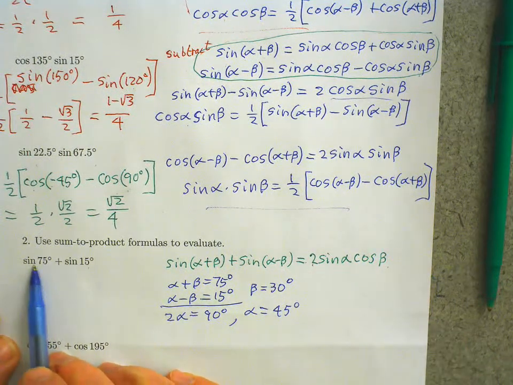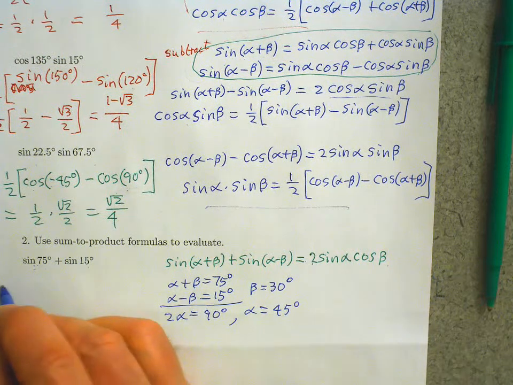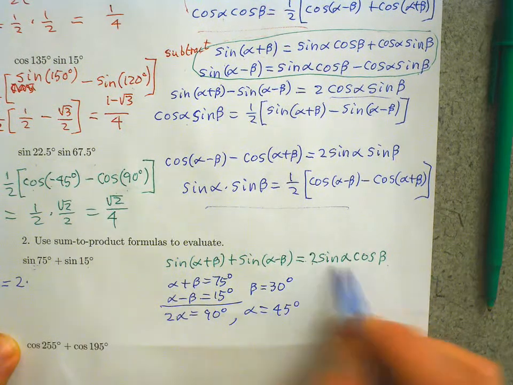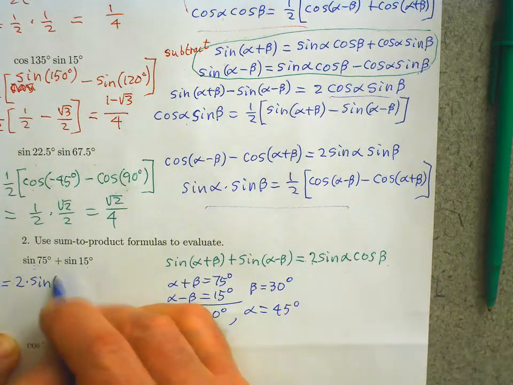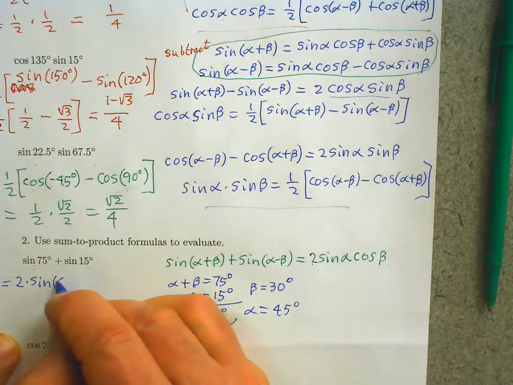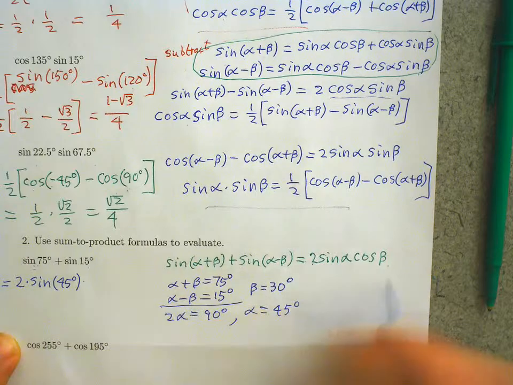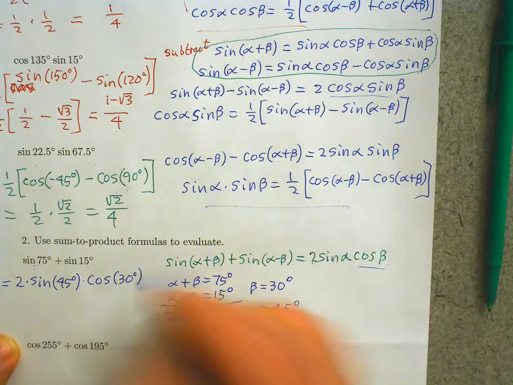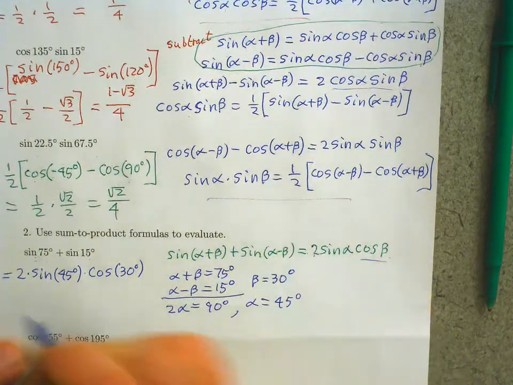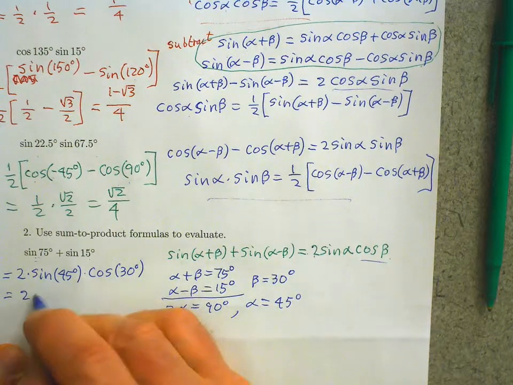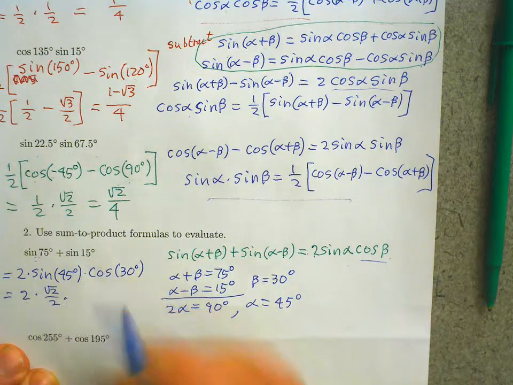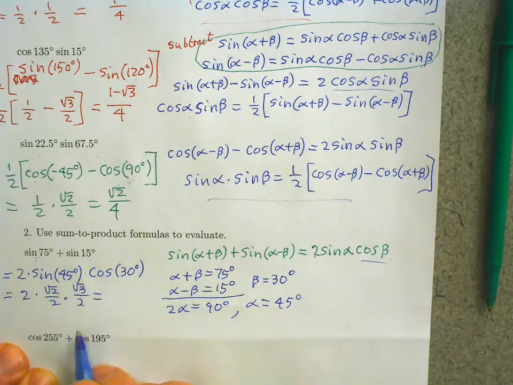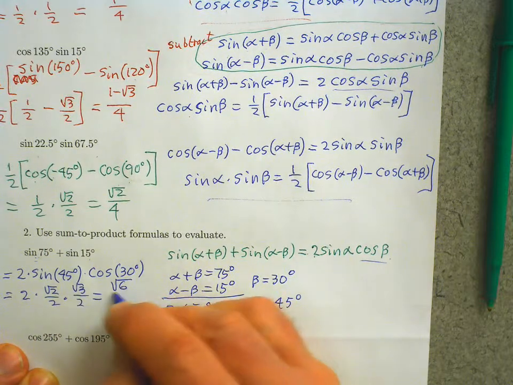Okay, so sine of alpha plus beta, that's sine of 75 degrees, that's equal to 2 times sine of alpha, but alpha is 45 degrees, multiplied by cosine of beta, which is cosine of 30 degrees. And then we can evaluate this because sine of 45 is the square root of 2 over 2. Cosine of 30 is the square root of 3 over 2. And so this becomes the square root of 6 over 2.